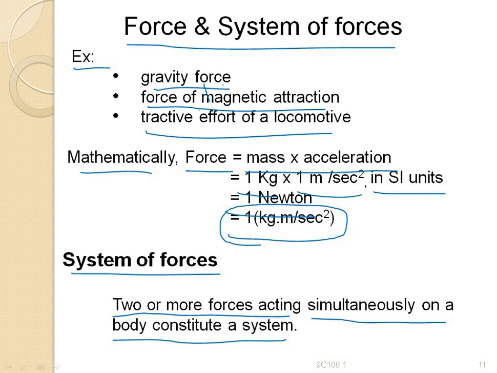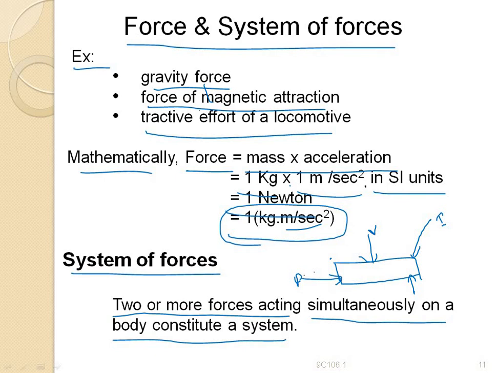Suppose you see an example. This is a body, a structure of a body. Here, if we apply one horizontal force, a vertical force, and any other inclined force, the forces applied on a body are generally horizontal, vertical, or inclined, including downward forces.